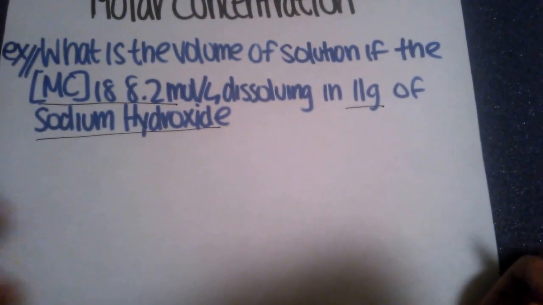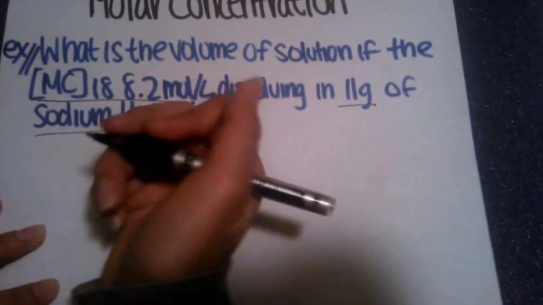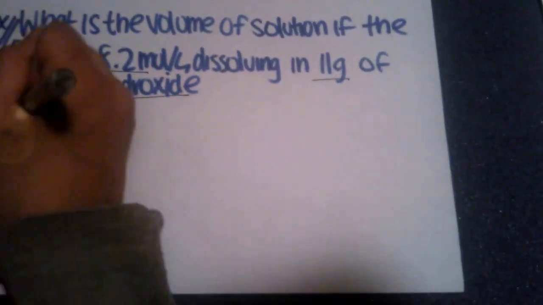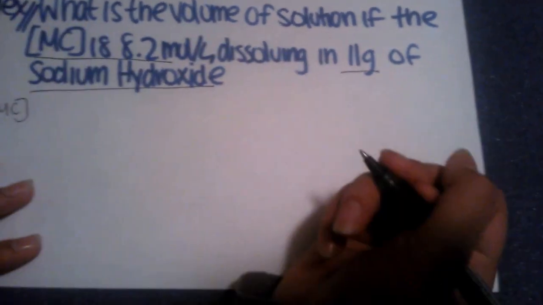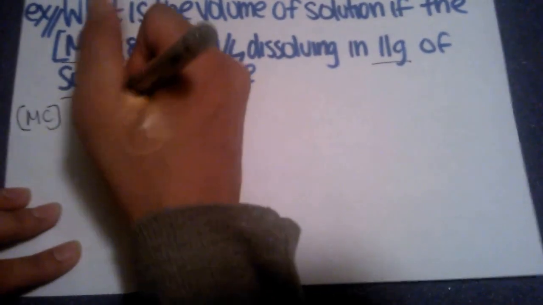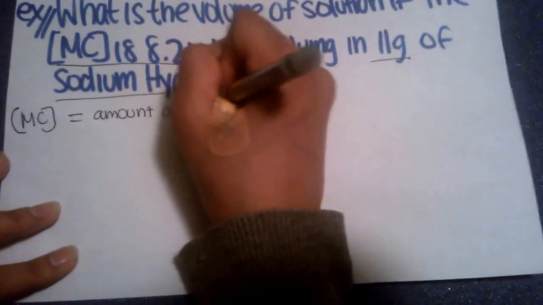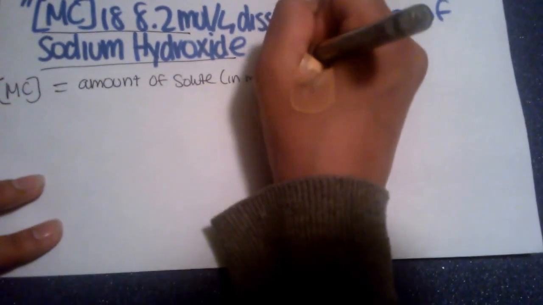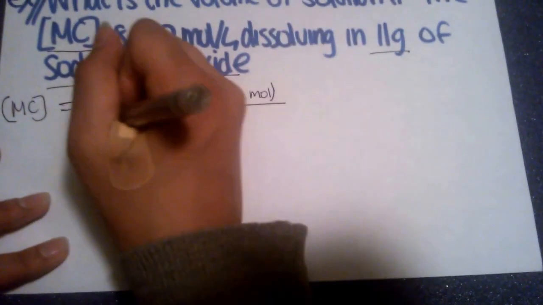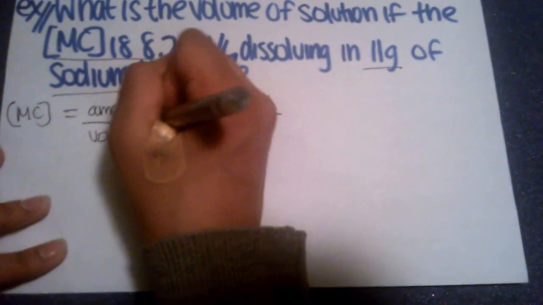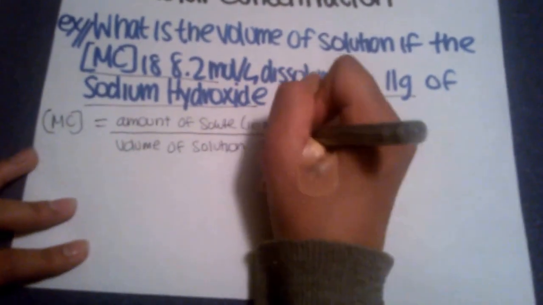So this is different than our traditional formula, and our traditional formula is MC, molar concentration, equals the amount of solute in moles over the volume of the solution in liters.